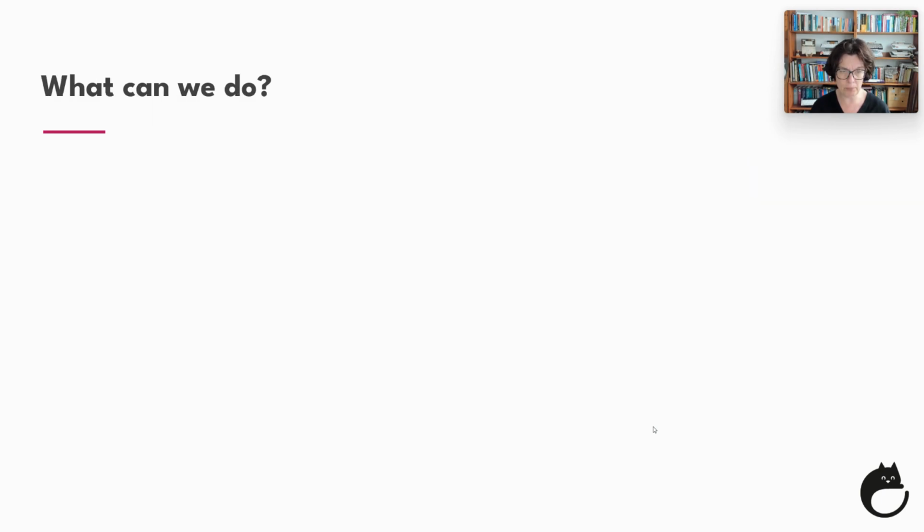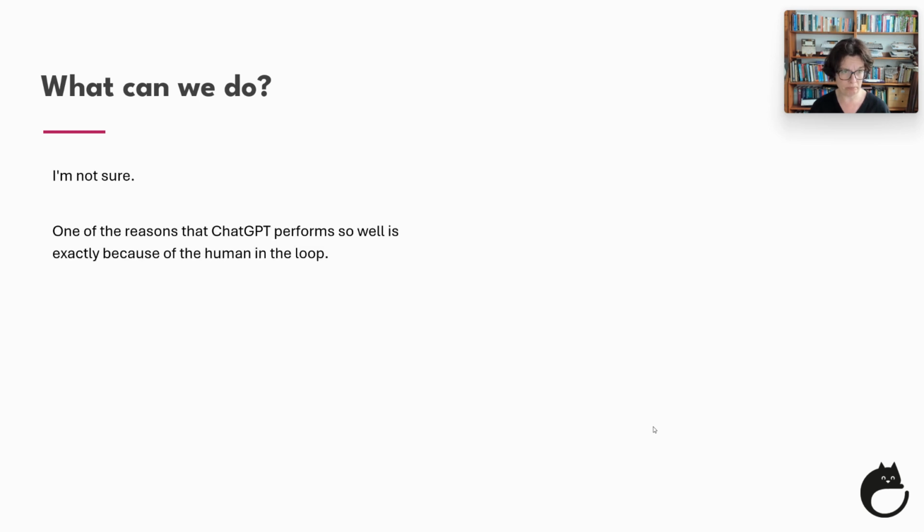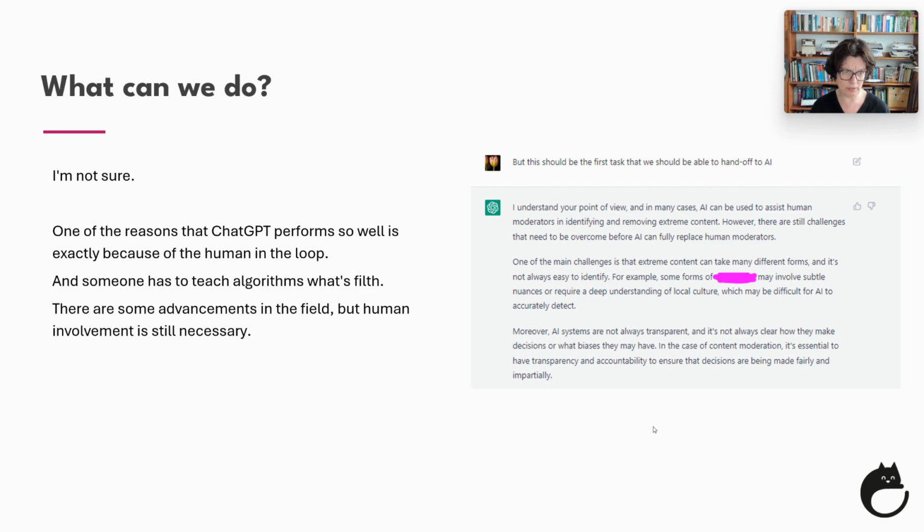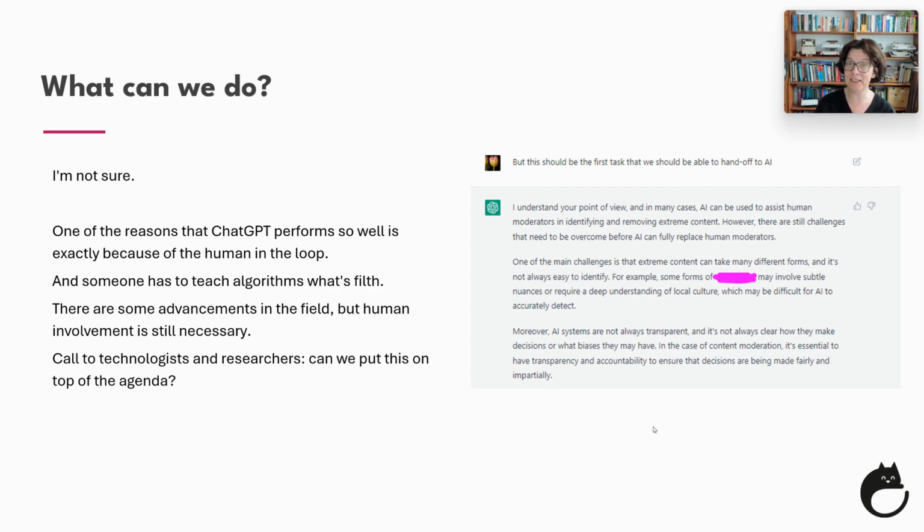I know that people in the global south are organizing themselves, which is amazing. But apparently, someone has to teach algorithms what's filth. And apparently, this is not something that AI can do, which surprises me because if we feel that AI is going to take over our jobs, surely this is the first job that we want AI to take over.